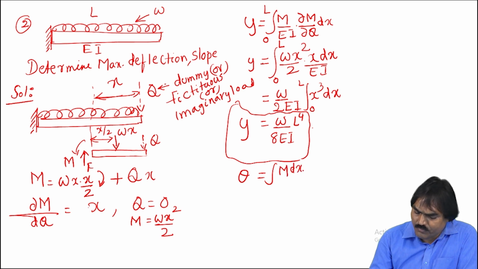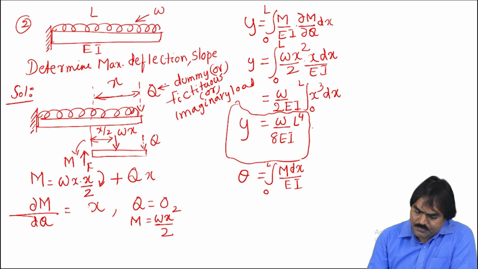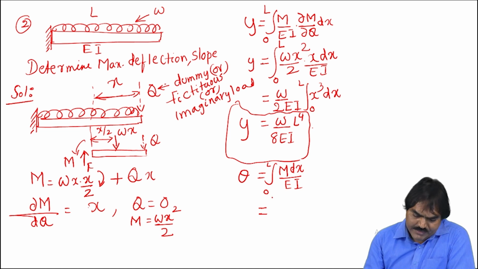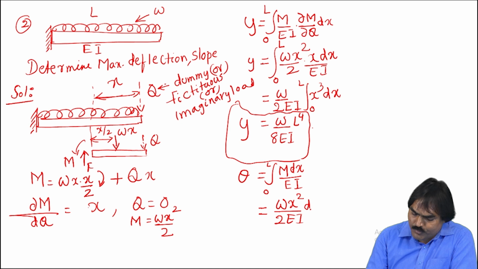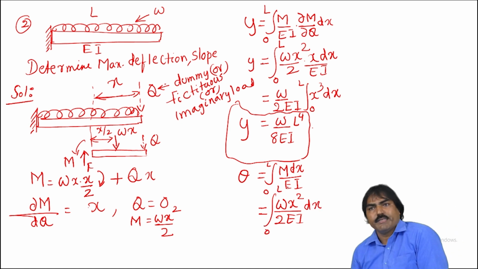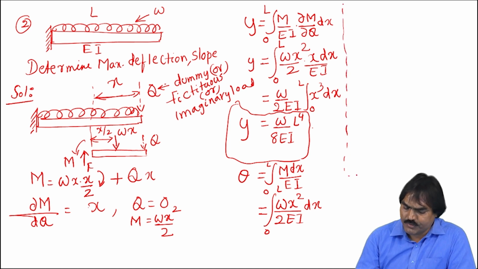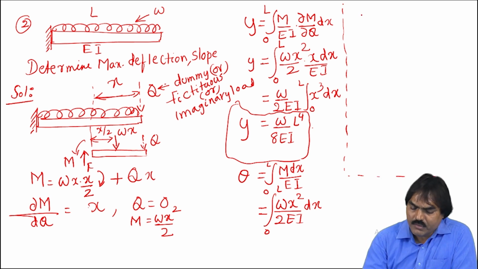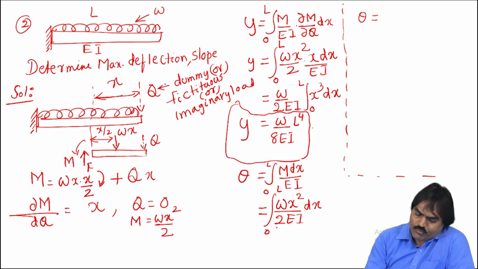Theta is the integration of M dx by EI, 0 to L. That's equal to M, which is Wx square by 2, into dx, integration 0 to L. If you carry out this integration, x square integration becomes x cube by 3. 3 into 2, 6.